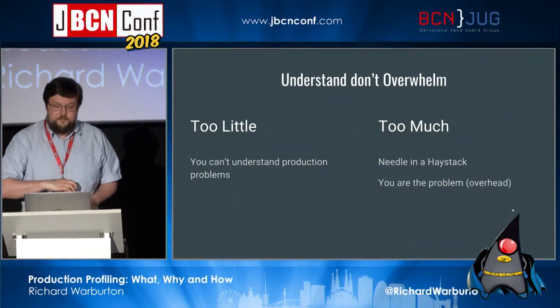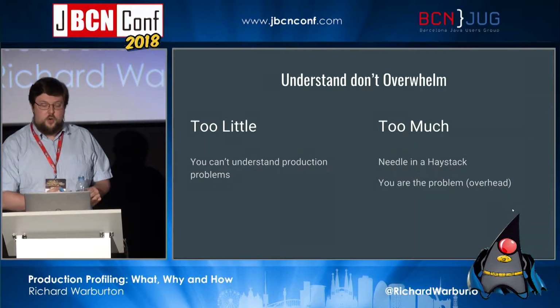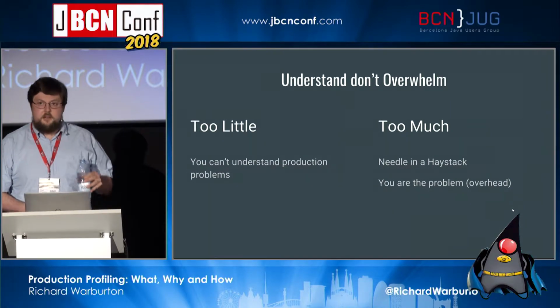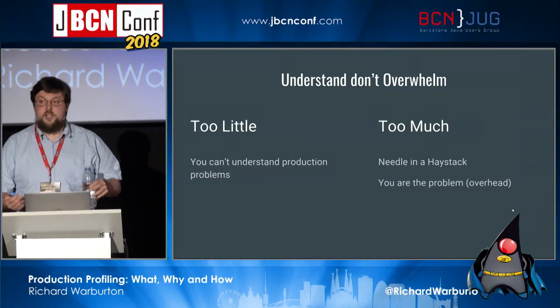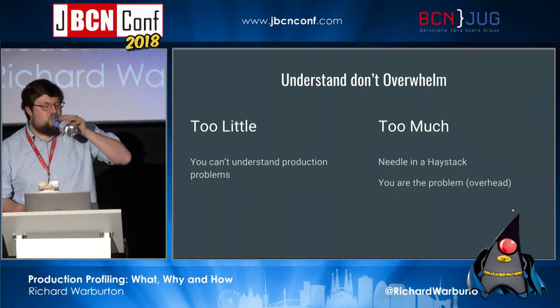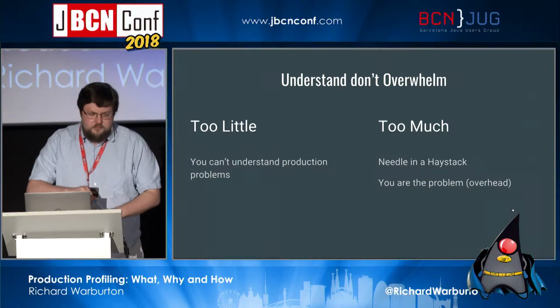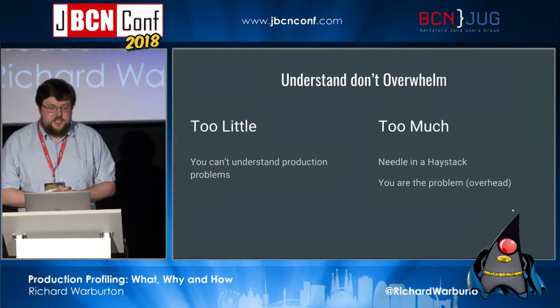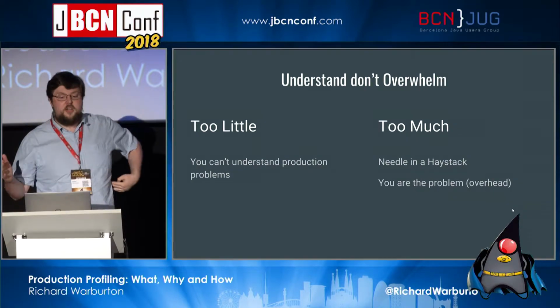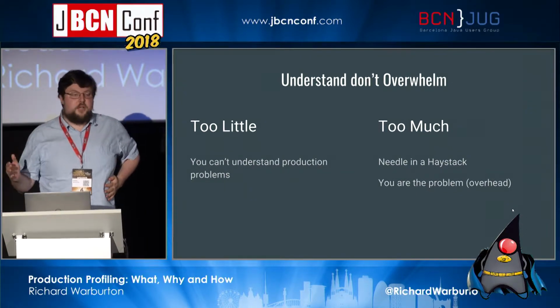So I mentioned the overhead problem, but there are other more psychological things around the information that you get provided. If you have too little information coming back from your production system, you can't understand the production problems.